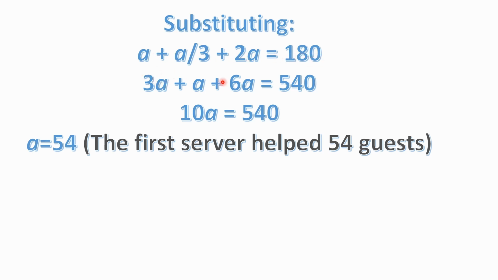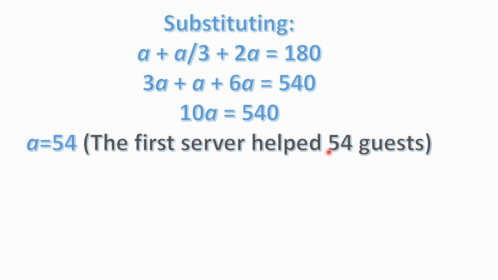We can multiply both sides of our equation by 3, giving us 3A plus A, because A divided by 3 times 3 is just A, 2A times 3 is 6A, and 180 times 3 is 540. If we add these up, 3A plus A is 4A, 4A plus 6A is 10A, and 10A equals 540. So that leaves us with A equals 54.